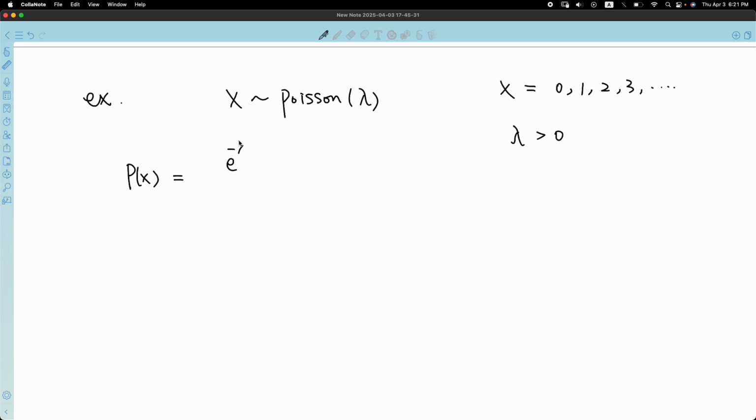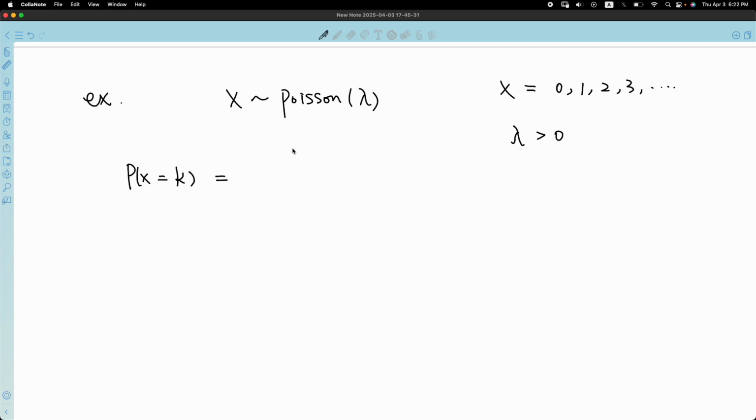So let me write down the probability mass function here. Let me be more precise: X equal to a particular value k, lowercase k, where k falls in the range 0, 1, 2, 3, natural numbers including 0.